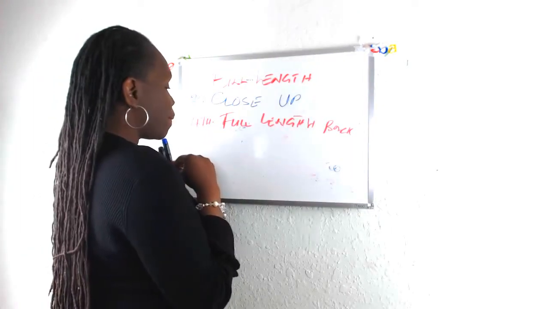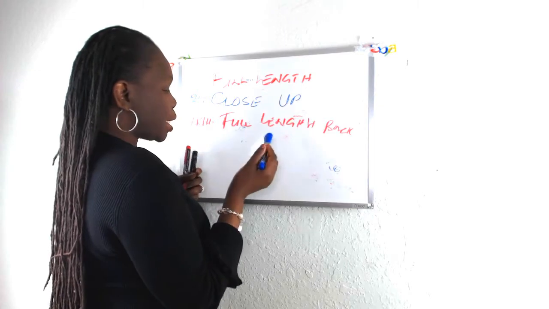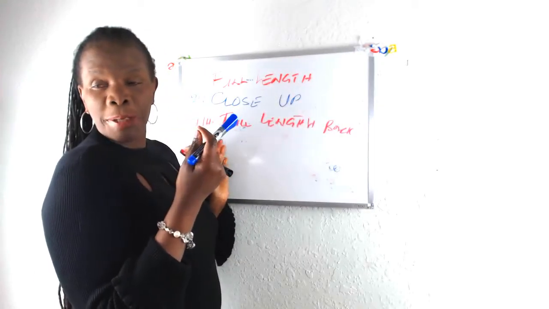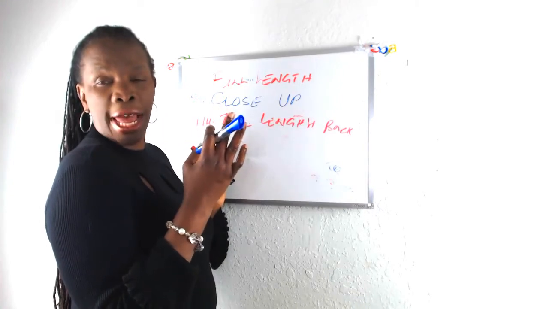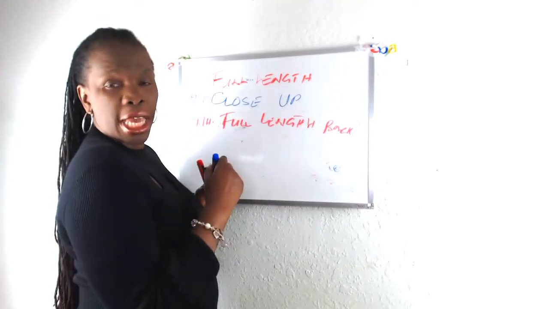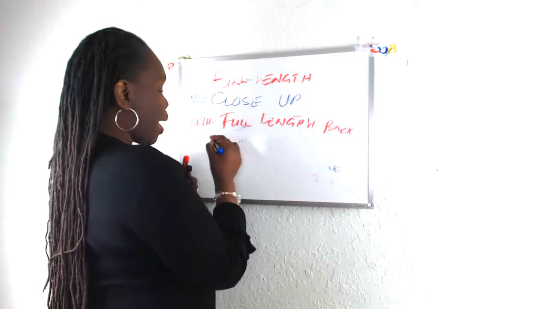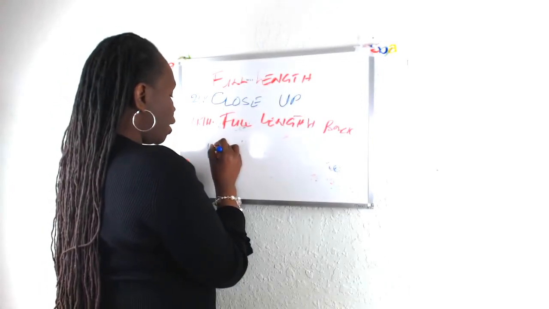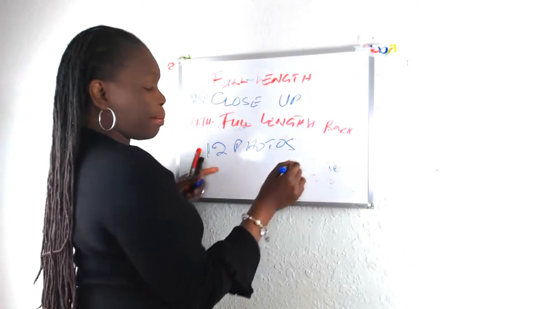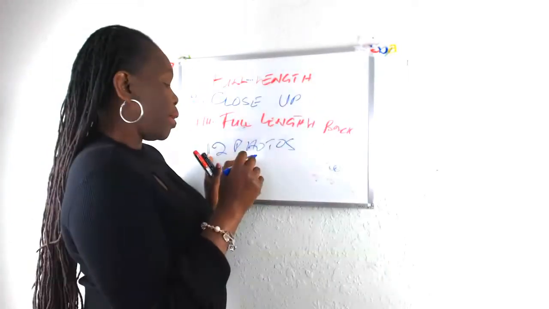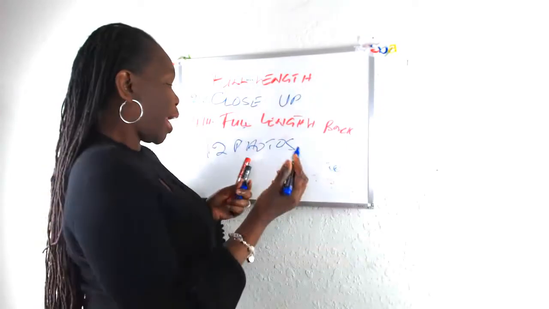And then if there are any special characteristics or any special accents or features on the item, make sure that you take extra photos for that. eBay allows you 12 photos maximum. You can use up all 12 if you like.